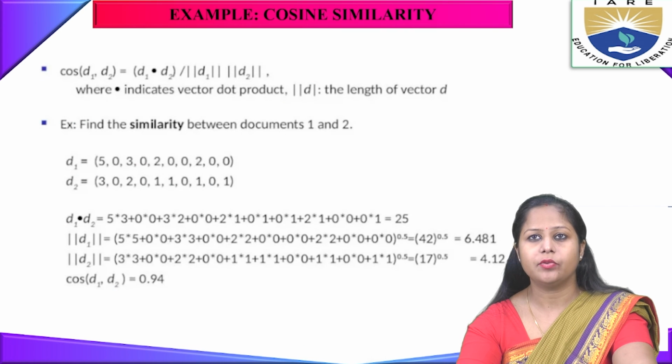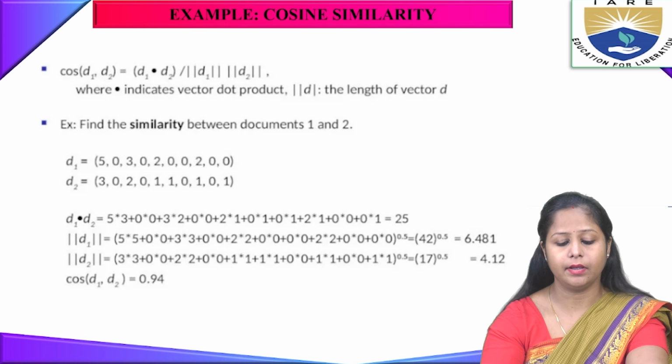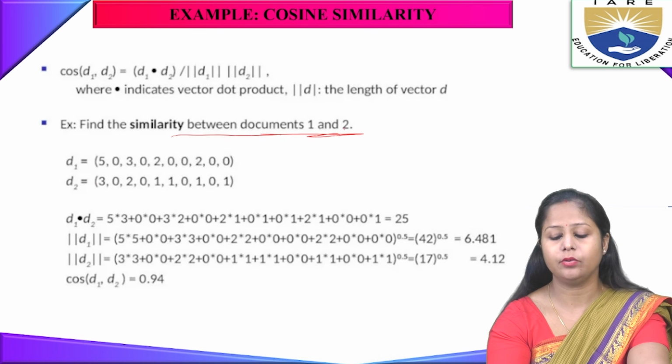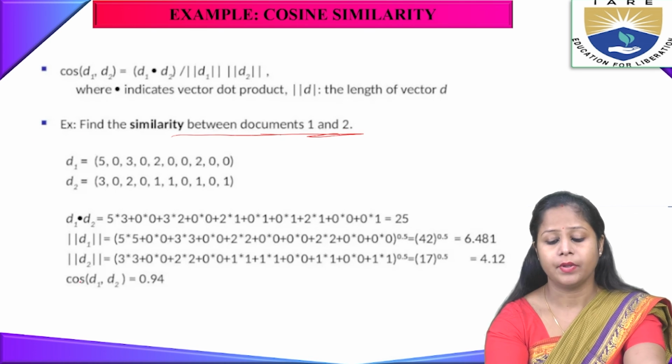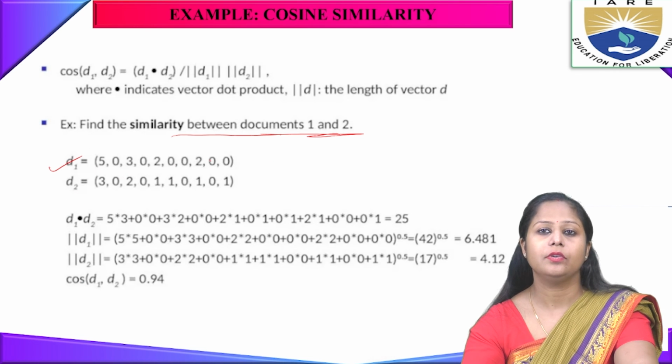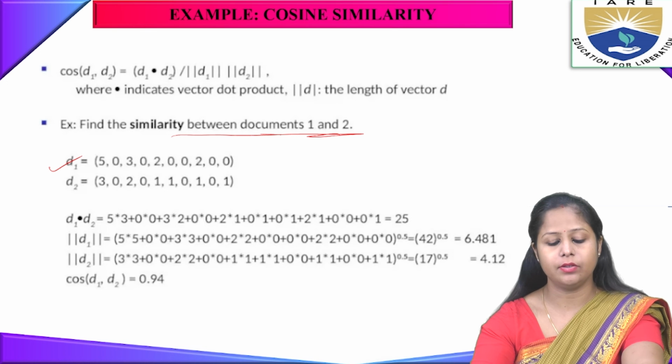So what is the example of cosine similarity? Here we will take the example. Find the similarity between document 1 and 2. In the earlier example, we have taken d1 is equal to 5, 0, 3, 0, 2, 0, 0, 2, 0, 0, and for d2 we are having 3, 0, 2, 0, 1, 1, 0, 1, 0, 1.